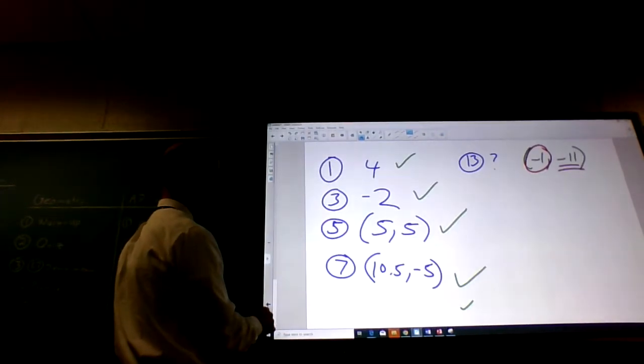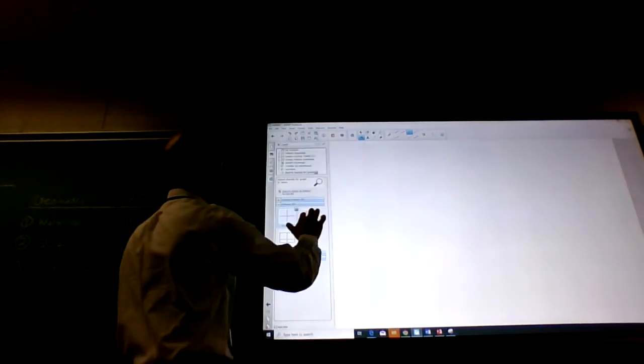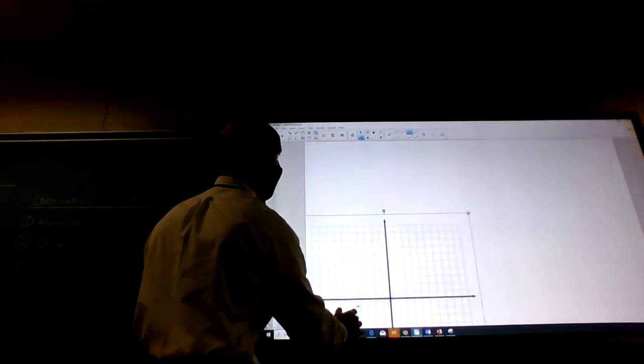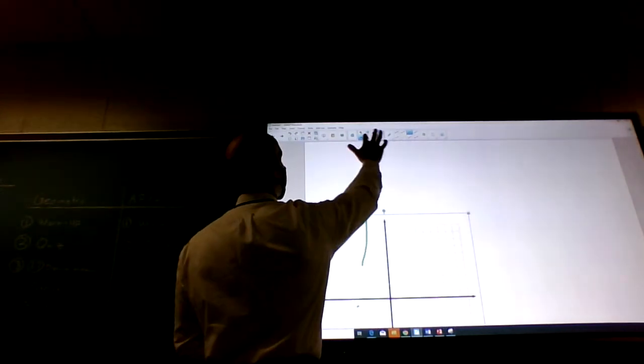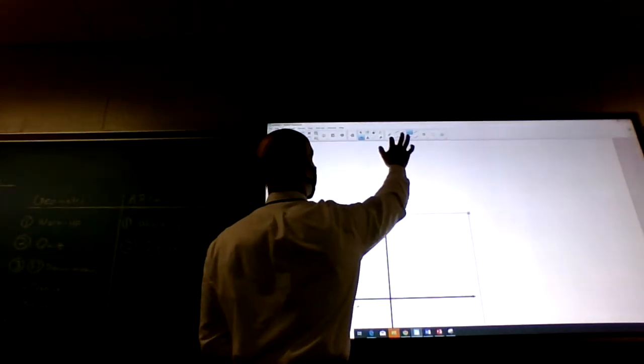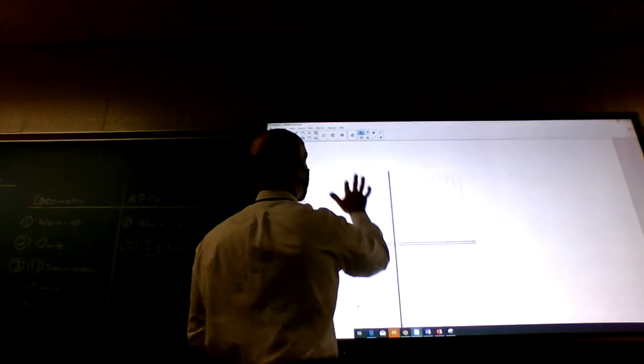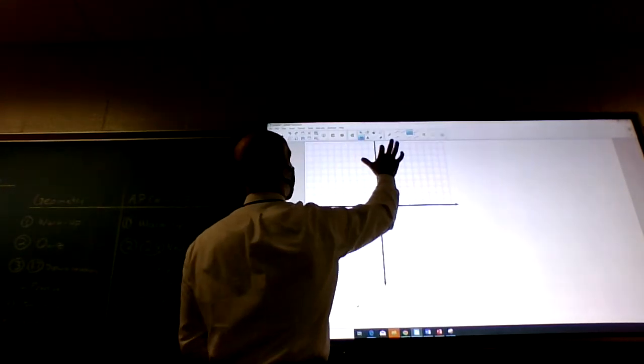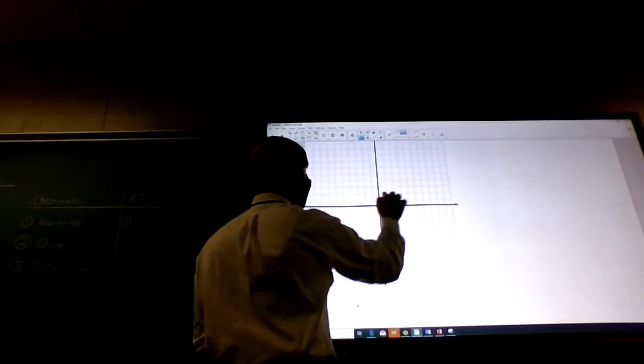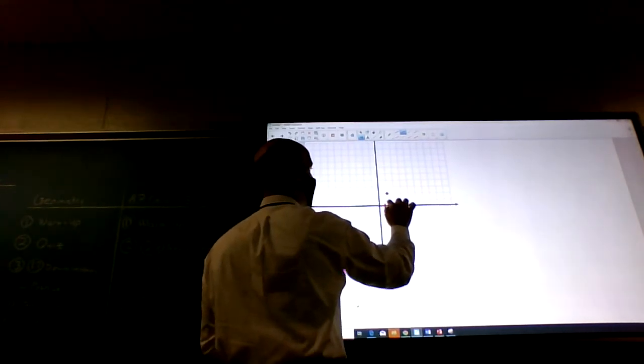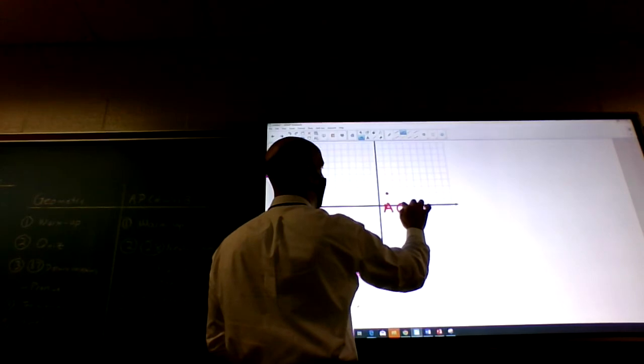In fact, let's do another set of points. Let's pick an easier set. Let me go ahead and get my graph again, and I'm going to pick 2 points that we're going to try to find the distance between. Let's go from this point right here. Let's say the point is (1, 2).